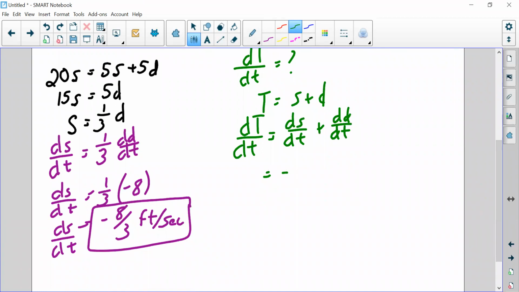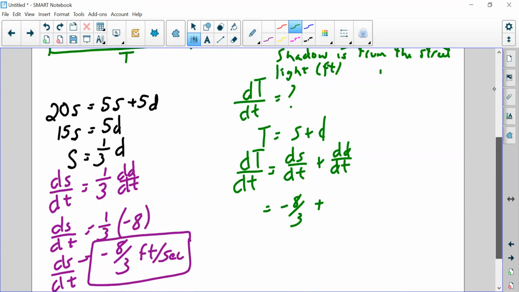Oh, it's positive, dS/dt is negative. Oh, I did the wrong one, right? dS/dt is negative 8/3, and dD/dt is -8.